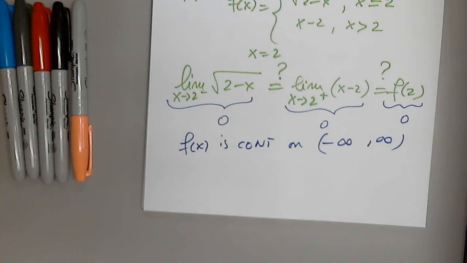So I expect you to write a definition of continuity, determine these numbers, and write whatever you conclude, continuous or not. Now the second part is very important and slightly more involved. Is the function differentiable at x equals 2? We know that a continuous function may or may not be differentiable.